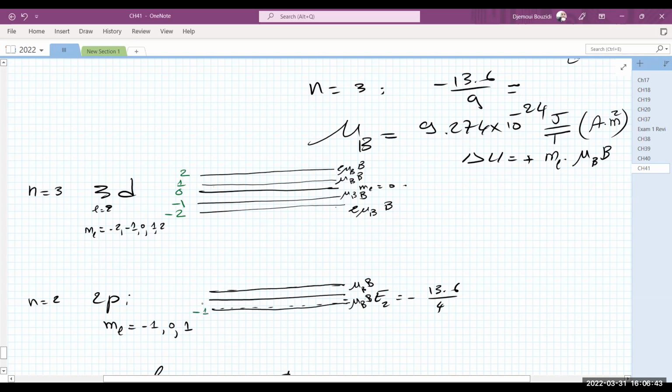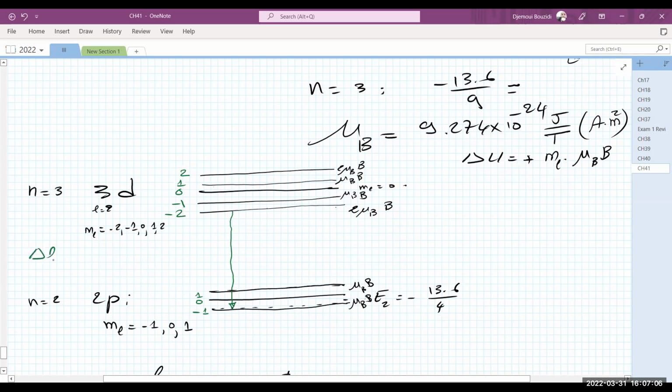This lower level is ML equals -1, 0, and 1. I can go from -2 to -1 because there is an addition of 1 value. So in this case, this is allowed for ML. So this transition is possible.